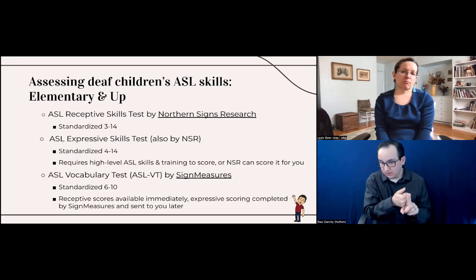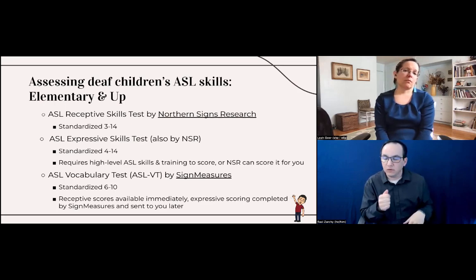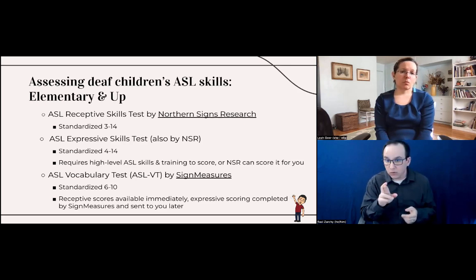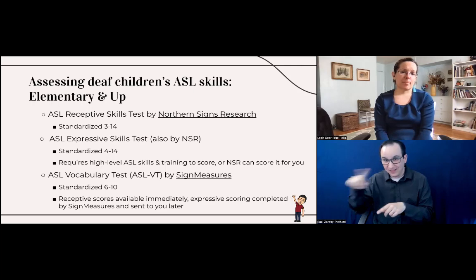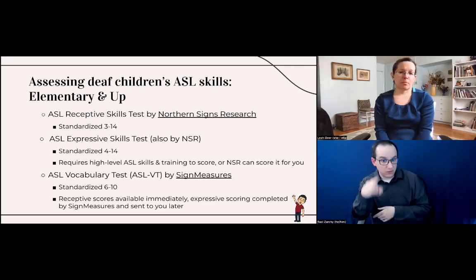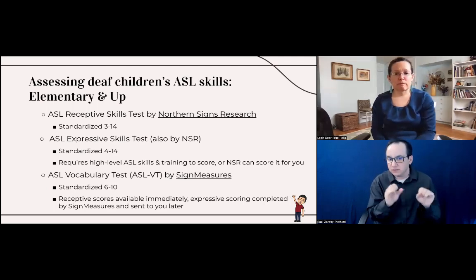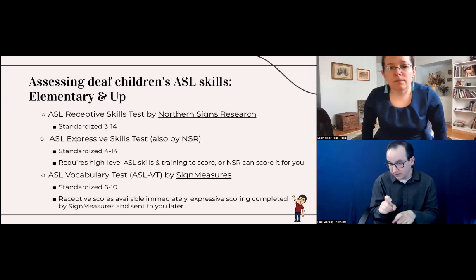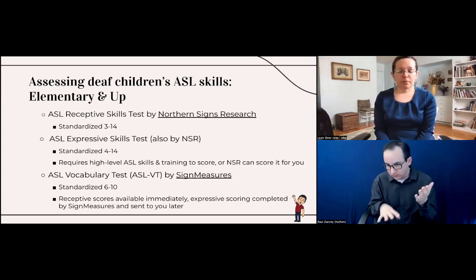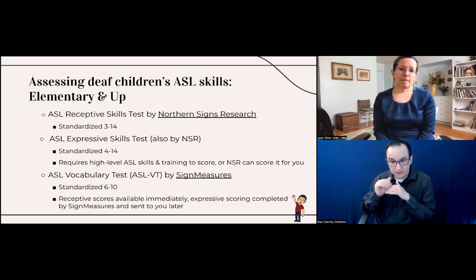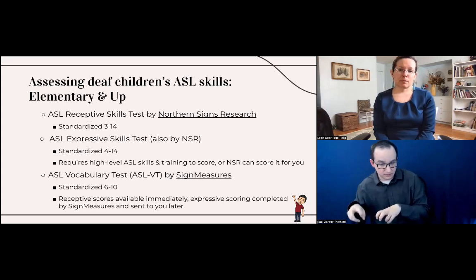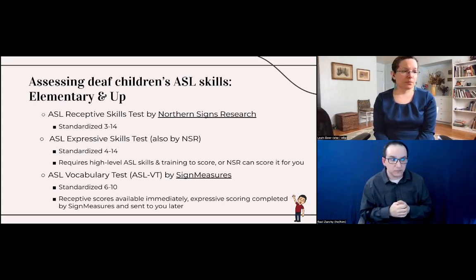But people give this assessment because if this person has strong ASL skills, you can give a score, or it can be used for the Northern Signs Research folks to also give you more information. Possibly if this student is not fluent in ASL, you would be able to give this assessment, have the student recorded, and send this off for further analysis.